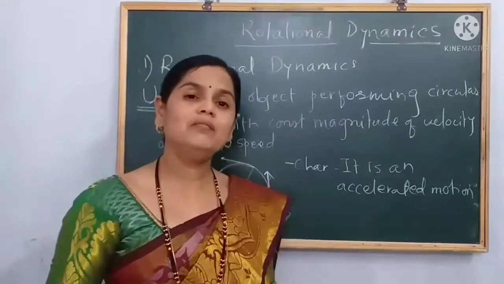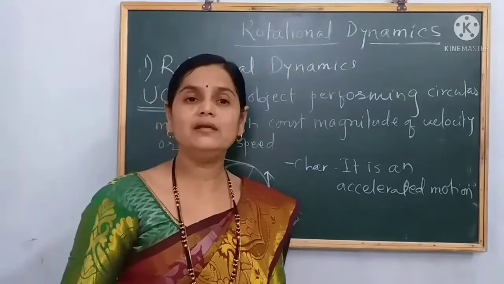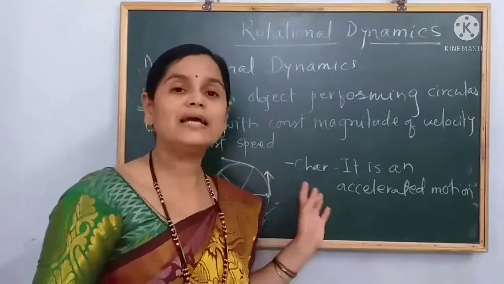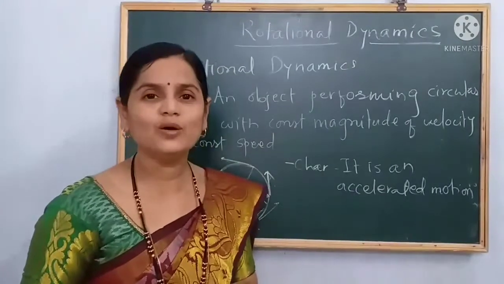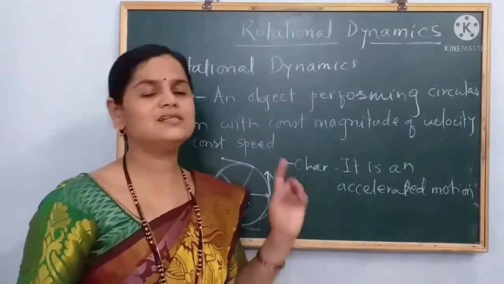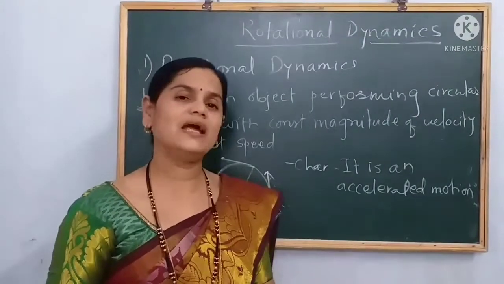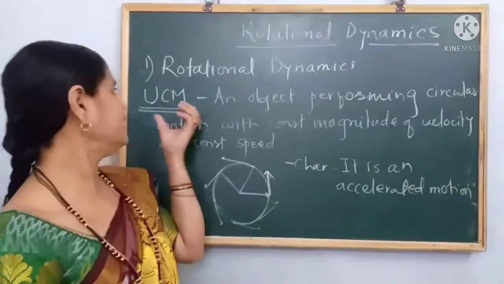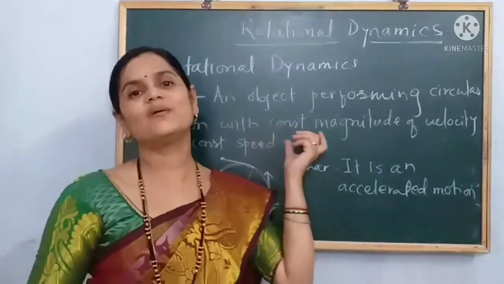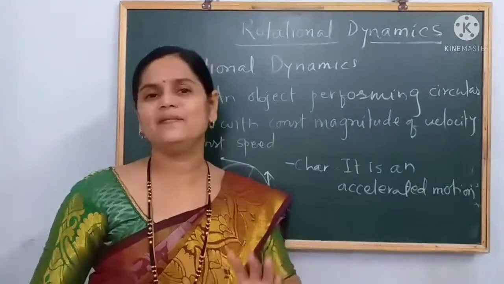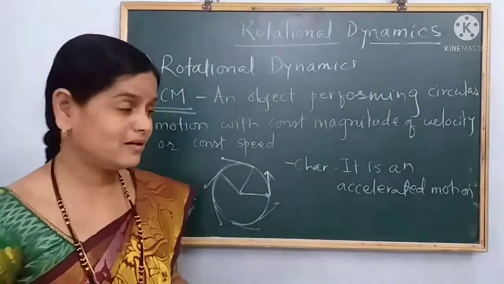Velocity changes by means of a change in the magnitude or direction or both. Here the magnitude of velocity remains constant, but the direction changes continuously. Thereby there must be acceleration, and thereby we must say that uniform circular motion is an accelerated motion. This is one of the characteristics.